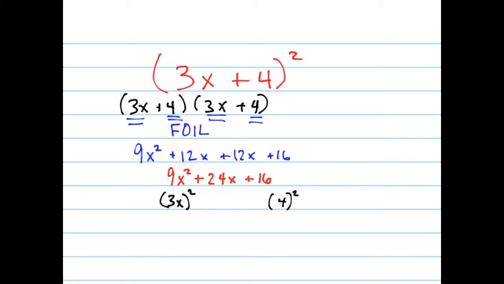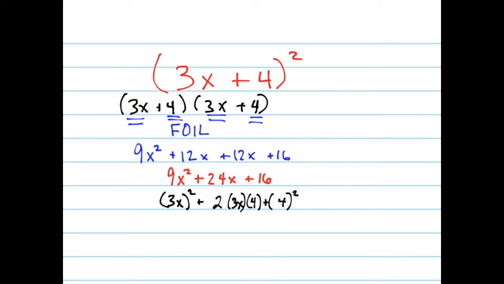The 24x is the 3x times the 4 times 2, because notice we did 3x times 4 twice. And so we get 2 of those. And so that's like the shortcut.